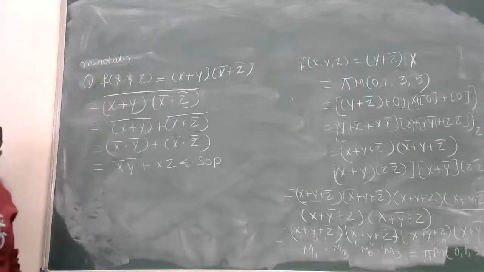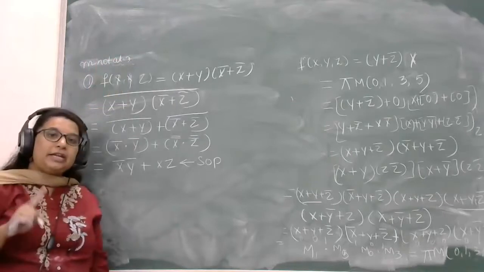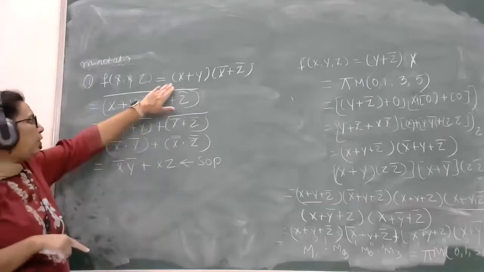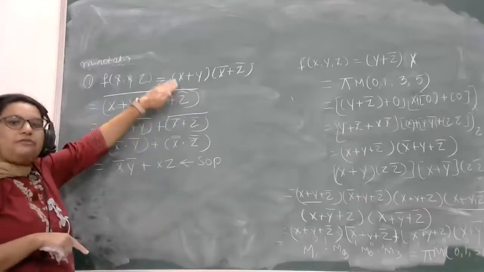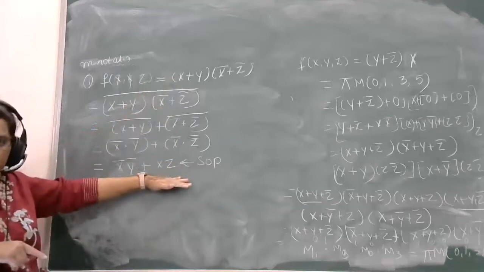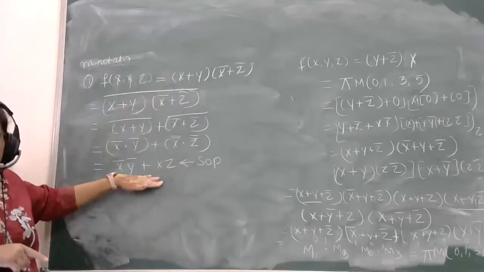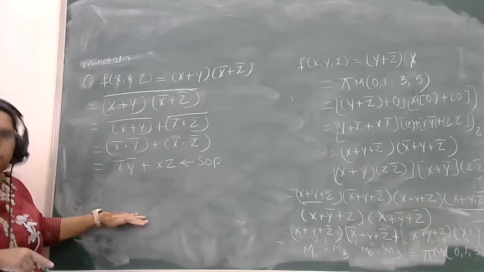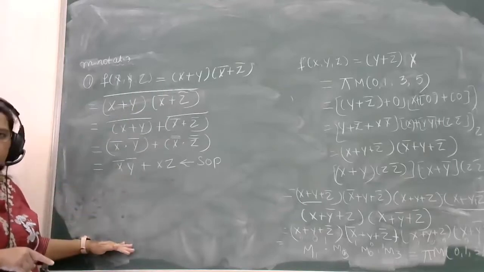But you are asked to convert it into a small m notation. Then how are you going to do that? Whatever POS form you have, first you need to convert it into an SOP form, and then this SOP expression you convert into its canonical form and then write it in the m notation. Is this clear?